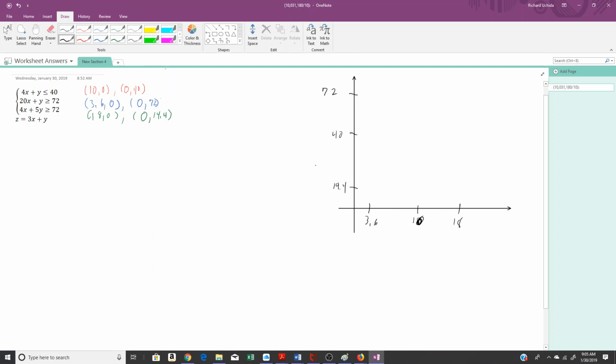And then, drawing the lines, the first one goes through (10, 0) and (0, 40). So that would be that first one. And then the second one goes through 3.6 and 72.